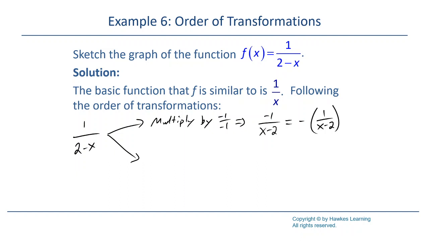Now the other way is to factor out negative 1 from the denominator. In this case, I would say, well, this is 1 over.